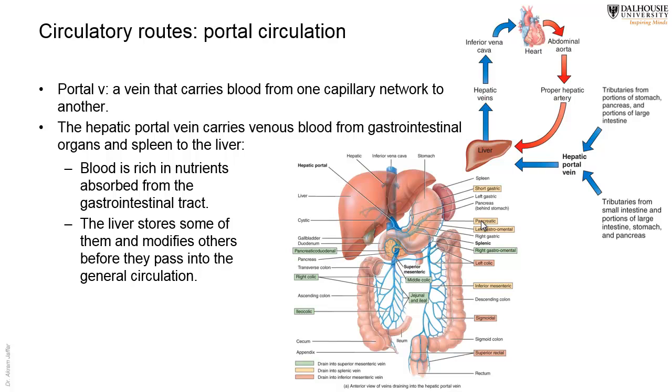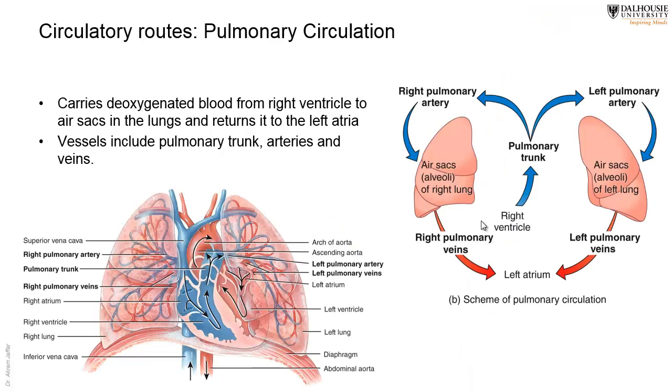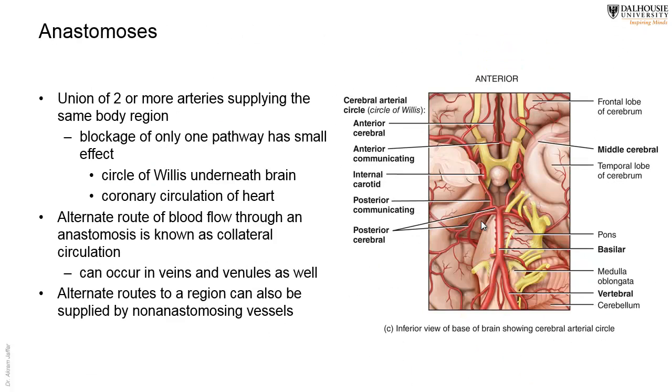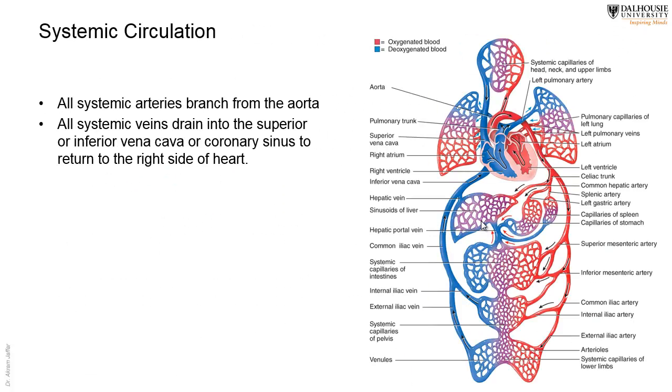And we have another circulation here. I would like to talk a little bit about it. It's called the portal circulation. Generally, in the systemic circulation, the capillary bed will form veins, and the veins return back to the heart.